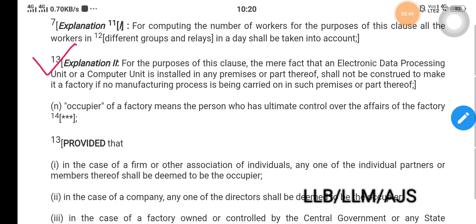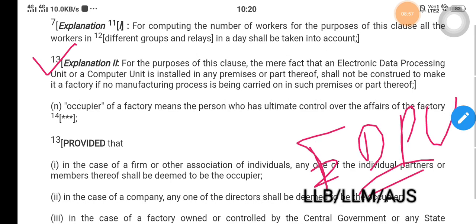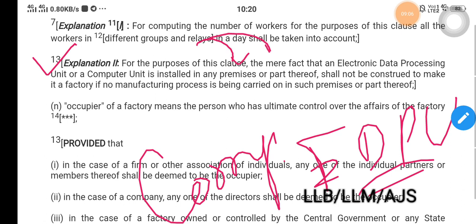For the purpose of this clause, the mere fact that an electronic data processing unit or a computer unit is installed in any premises or part thereof shall not be construed to make it a factory, if no manufacturing process is being carried on in such premises or part thereof.